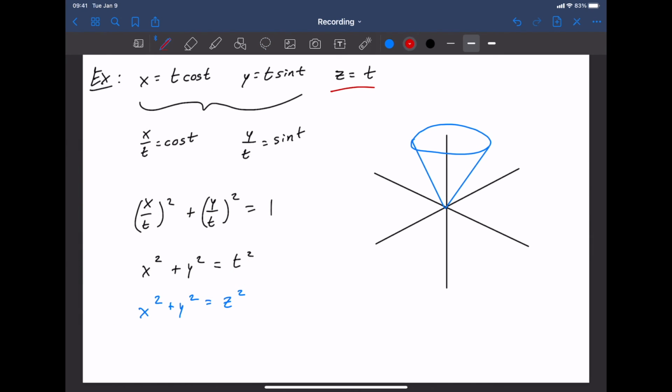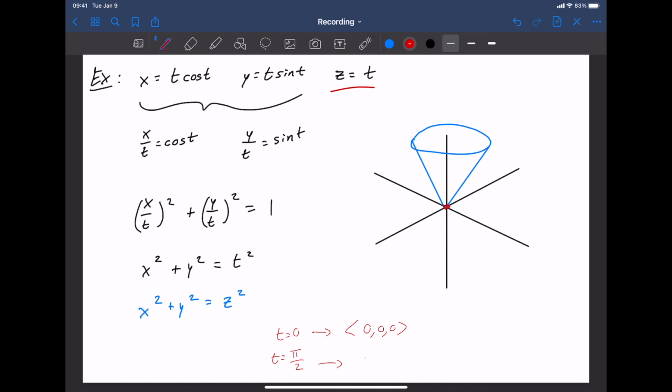Tragedy. And when we try to look at my curve here, t equals 0, t equals, again, trig, so we're talking about pi over 2. What are we getting? 0 is going to be 0, 0, 0, which makes sense because my cone touches the origin. How about pi over 2?